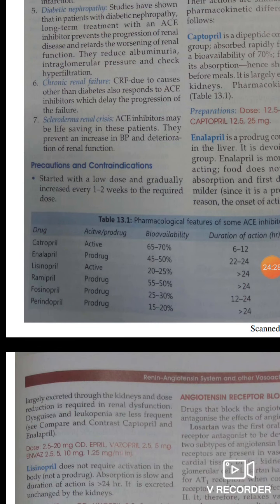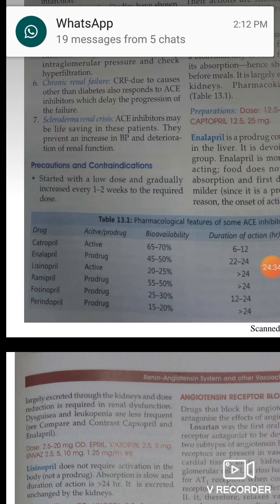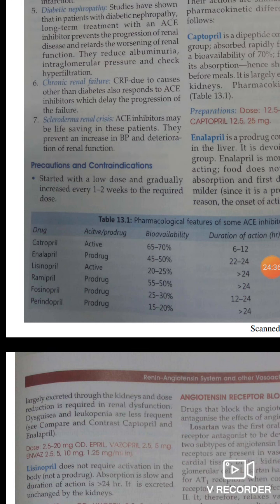Now, what are the precautions and contraindications to be observed during the use of ACE inhibitors? So the first one is to start with a low dose and gradually increase every 1 to 2 weeks to the required dose, right?